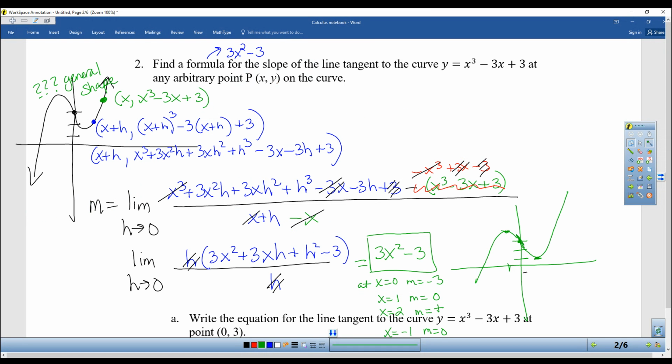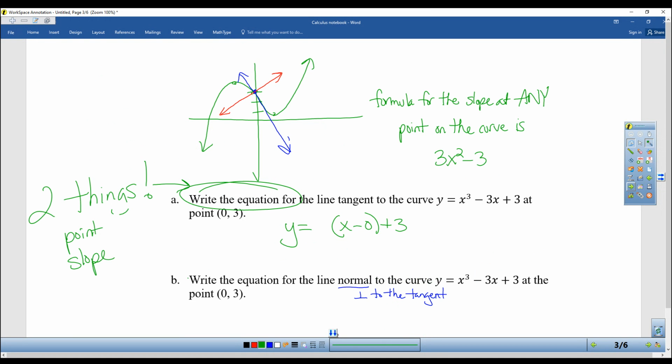That's what we found. Should be on your paper. So at x equals 0, that's the point I'm trying to find, the slope is 3 times 0, which is 0, minus 3, is minus 3. This is the equation. You do not need to simplify it, even though it's totally easy to simplify because it has a 0 in it.